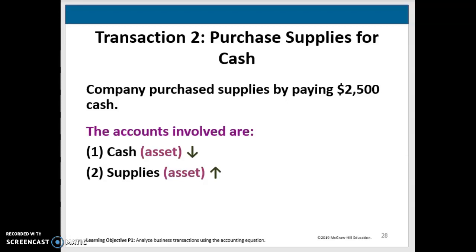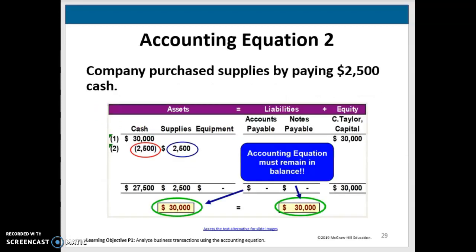How does that look for our accounting equation? Well, we can see that assets increased under supplies and assets decreased under cash. So the net asset amount was 0, right? There's no difference in our accounting equation totals. We have $30,000 on the left, $30,000 on the right, so we're still in balance.